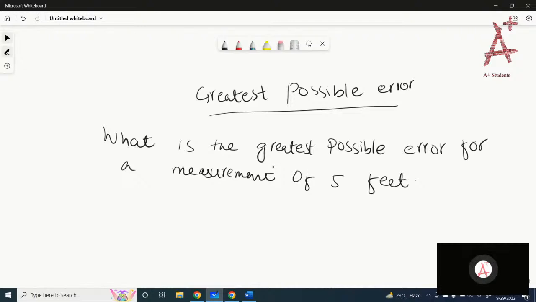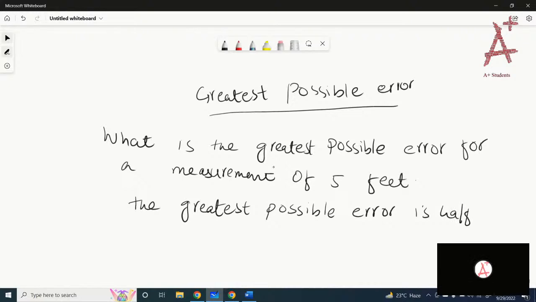Okay, so the measurement of 5 feet was made to the nearest whole foot. So the greatest possible error is half of 1 foot, which is 0.5. Got it? So the greatest possible error is half of the unit of measure.